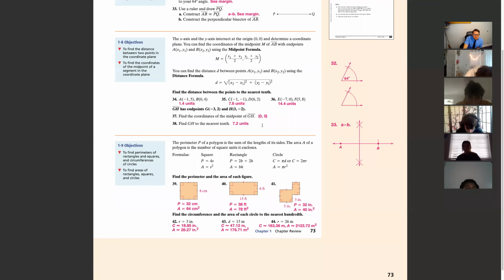All right, so the midpoint of GH. GH has endpoints G (-3, 2) and H (3, -2).